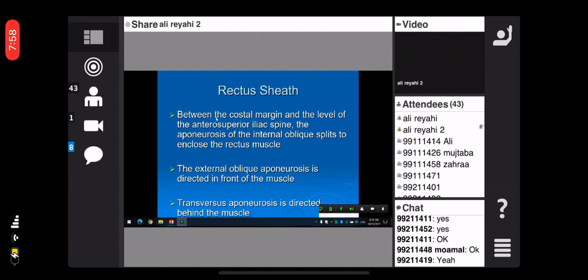Okay, between the costal margin and the anterior superior iliac spine. Attention, please.